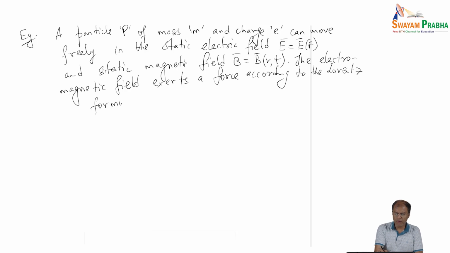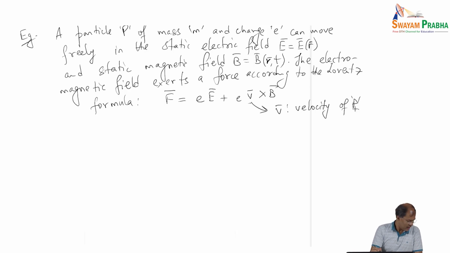So what is the Lorentz formula? Well, people who are doing this course need not remember what is Lorentz formula. I am going to state it. The net external force due to the electric field is E times capital E plus E times V cross capital B, where V is the velocity of the particle and B is of course the magnetic field. So V is the velocity of the particle.